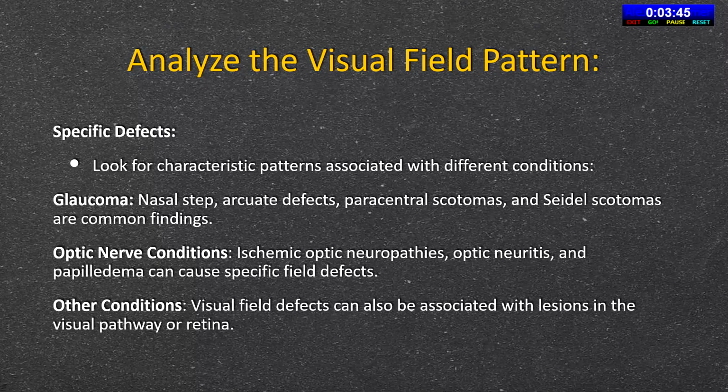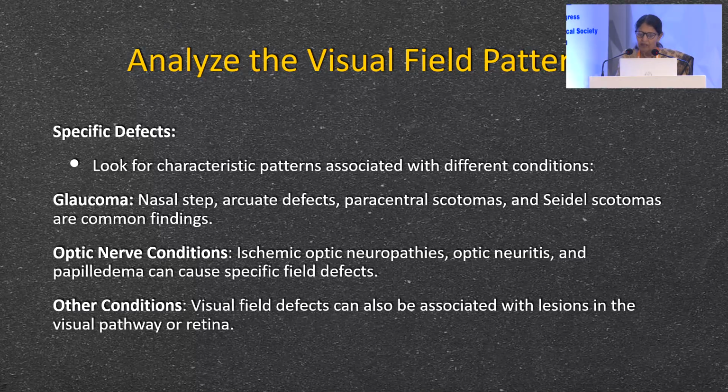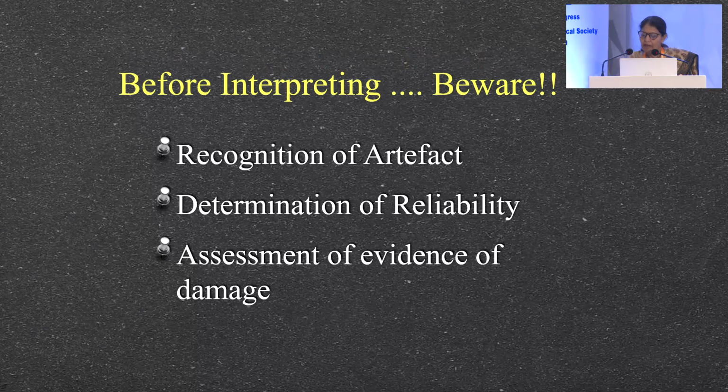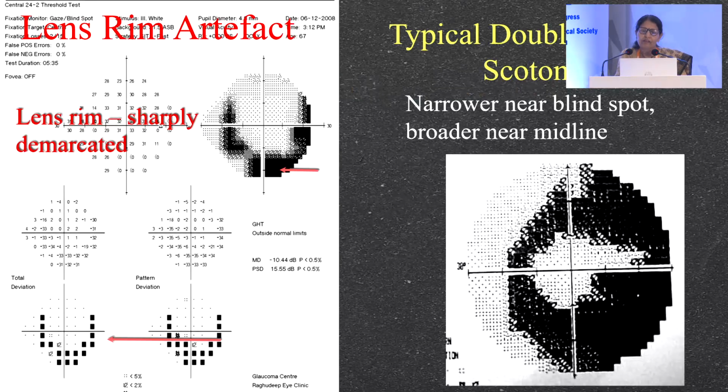So analyze the visual field pattern. Specific defects: look for the characteristic pattern associated with different conditions. Glaucoma has various defects. Optic nerve conditions can be similar, but before you start interpreting, beware of the artifacts that are there. Determine the reliability. You might have to repeat the fields for 2 consecutive same fields and assess the evidence of damage.